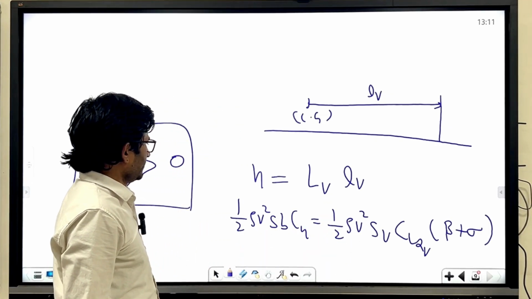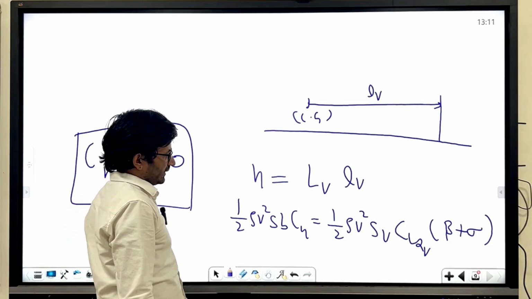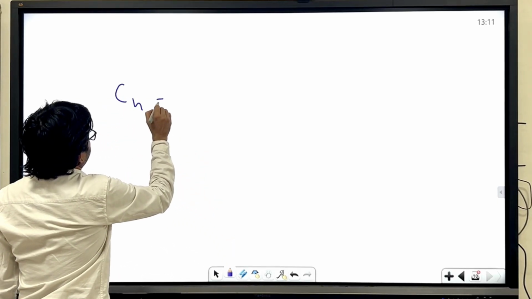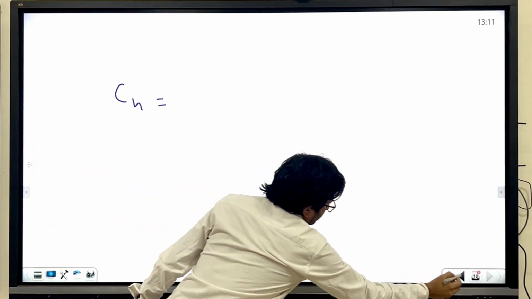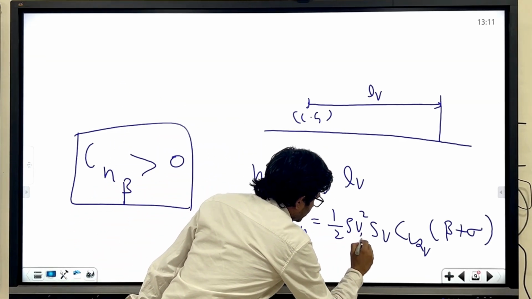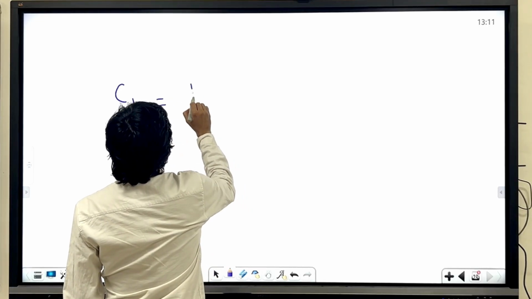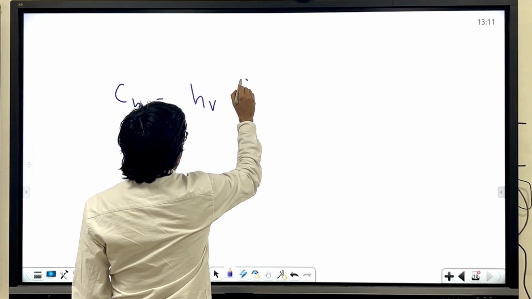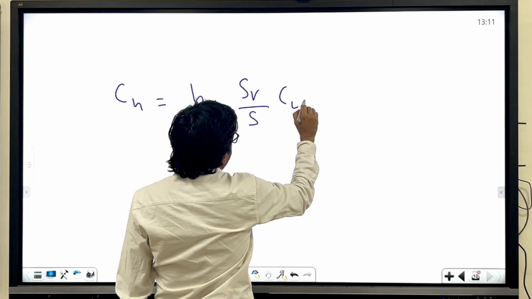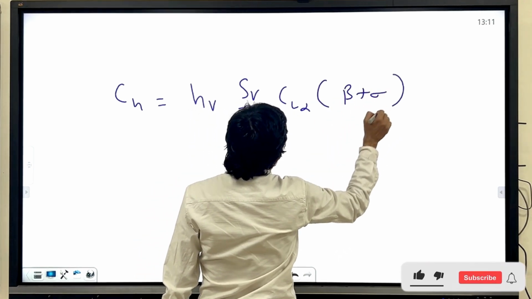Now you may write this equation: half rho V_T square, where this is the vertical tail velocity, eta V, S_V by S, Cl alpha into (beta plus sigma).